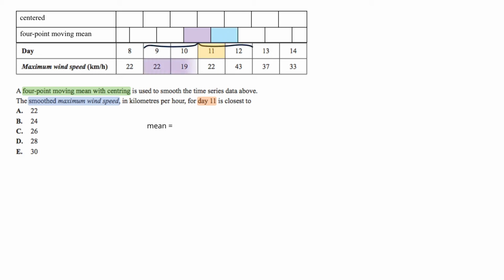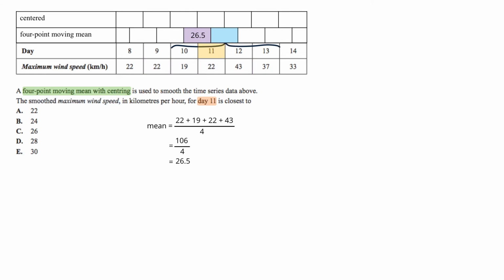So we are going to calculate the mean for days 9, 10, 11, and 12, which is 26.5. Now we are going to calculate the mean for days 10, 11, 12, and 13. And this is 30.25. Now we are going to calculate the mean of these 2 values to center the data.